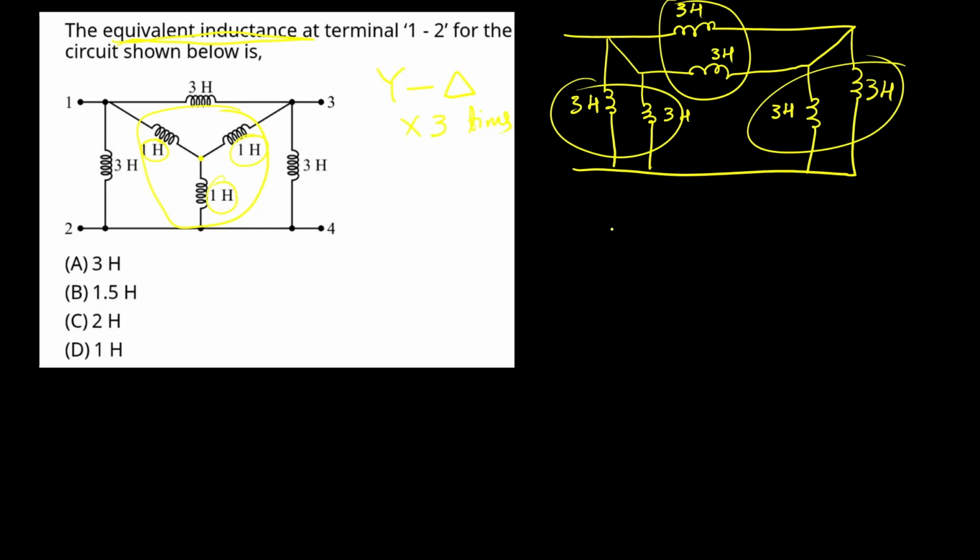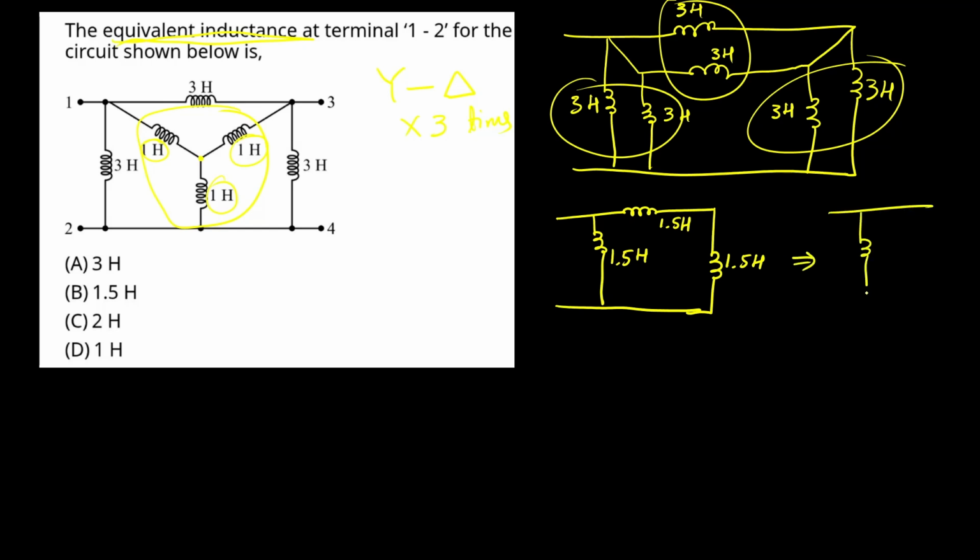So we'll get an equivalent circuit of 3 by 2, which is 1.5 henries, 1.5 henries, 1.5 henries.